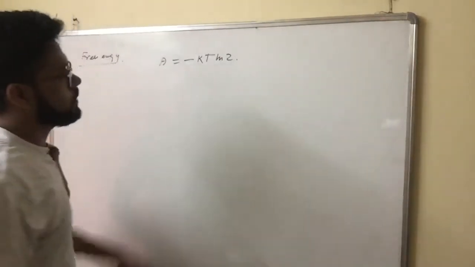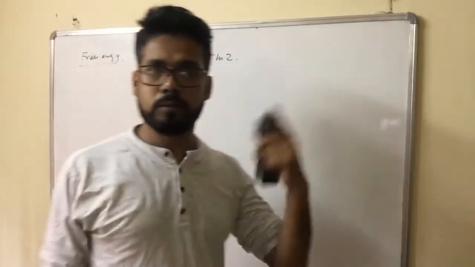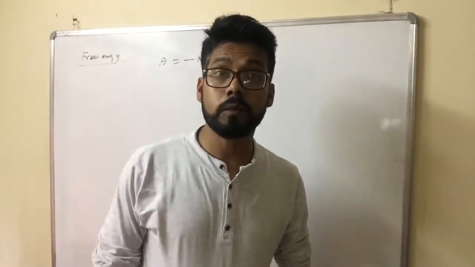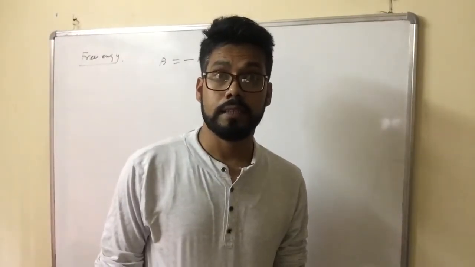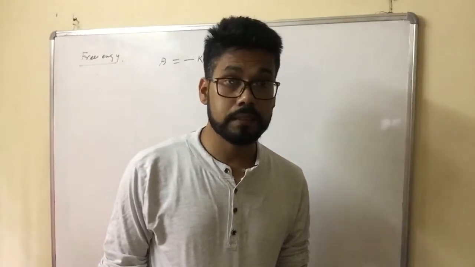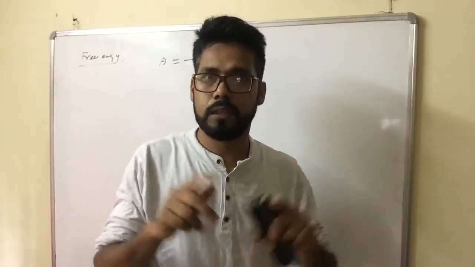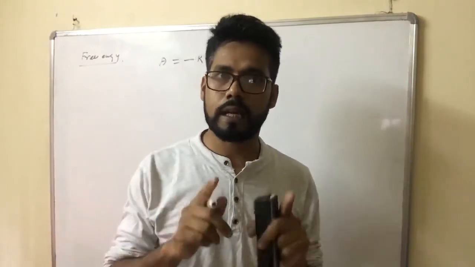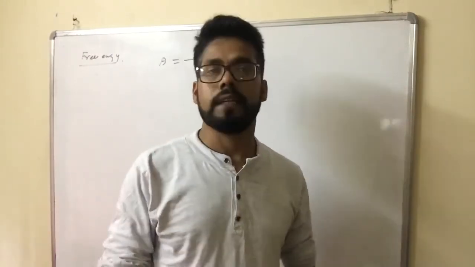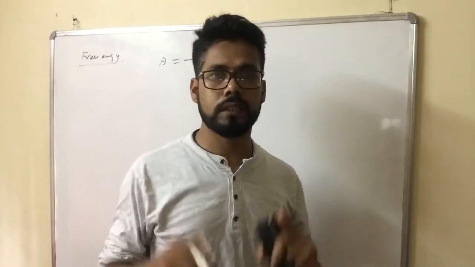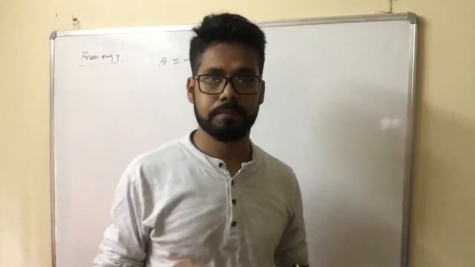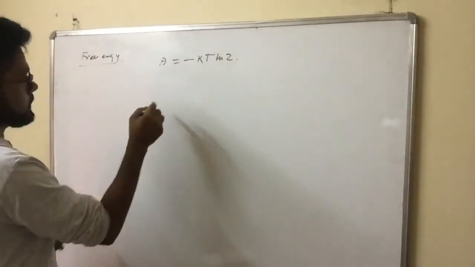In order to find the free energy, you have to know the partition function. The partition function is a statistical function from where we can derive all thermodynamical parameters. That is why understanding of the partition function in case of 3D, 2D, 1D is very, very essential. So what is the partition function?